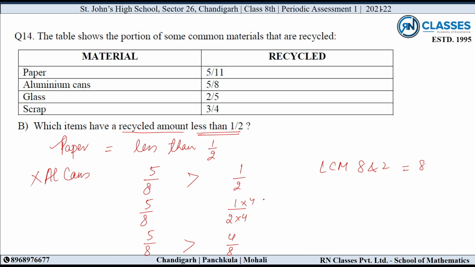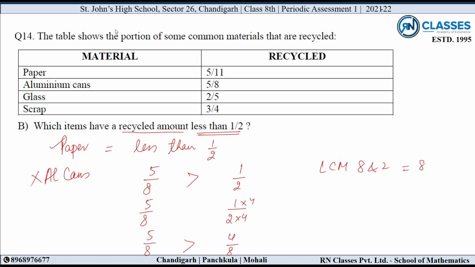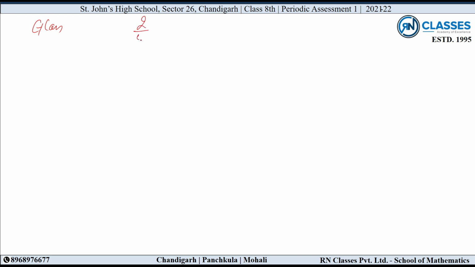Moving on to glass. We'll check for glass. Right? Glass. Now, glass is 2 by 5. Comparing 2 by 5 with 1 by 2. Again, we have to make denominator same. Means LCM of 5 and 2. It's 10. Good. So 2 by 5. Denominator we have to make it to 10. So multiply it with 2. So numerator you have to multiply it with 2. 1 by 2.